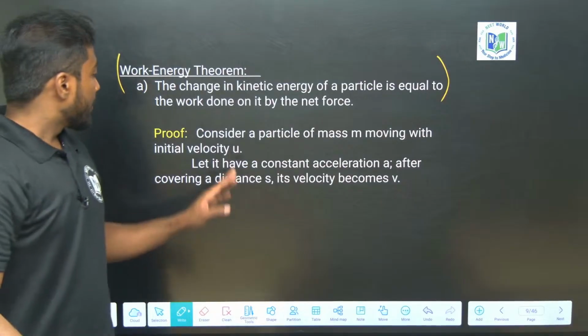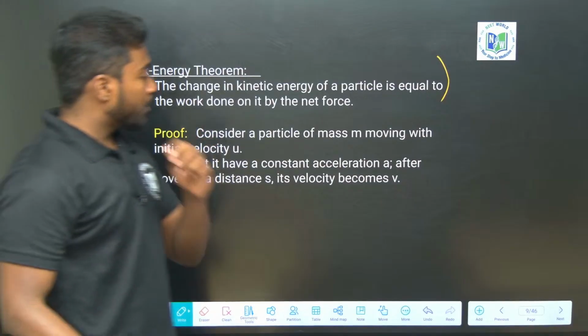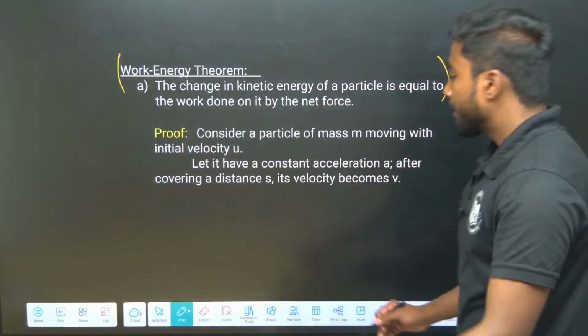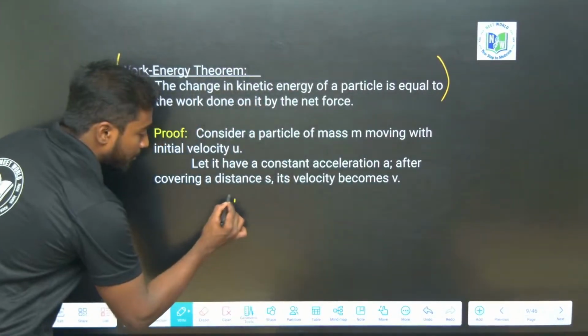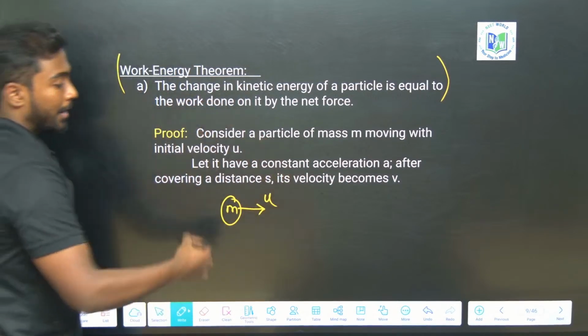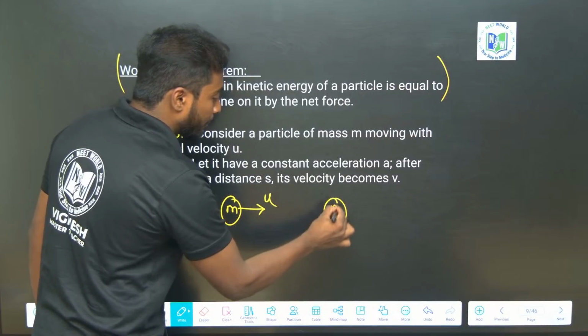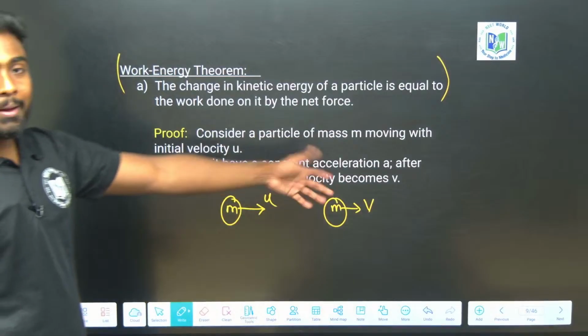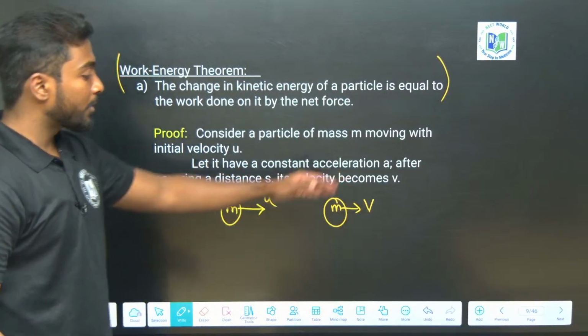Okay, and the proof: consider a particle of mass m moving with initial velocity u, and the same mass m moving with final velocity v. What is the work done by it, if they are asking? So I need to derive it.